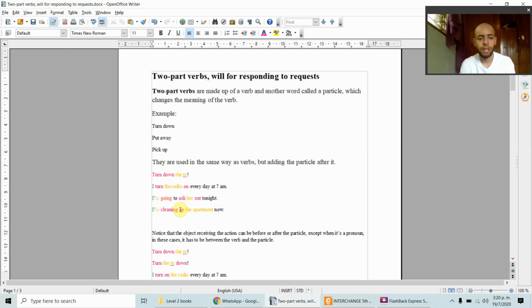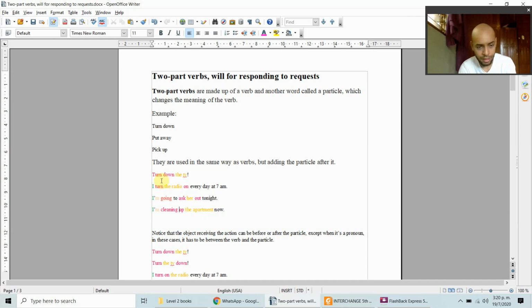You can use the two-part verbs as the verb in the simple past, as the verb in the present perfect, as the verb in the present continuous, as an infinitive, as a gerund.